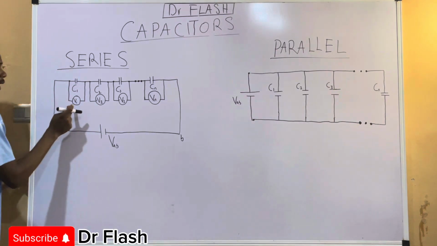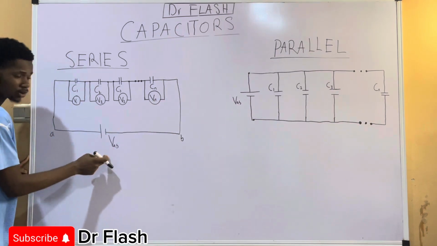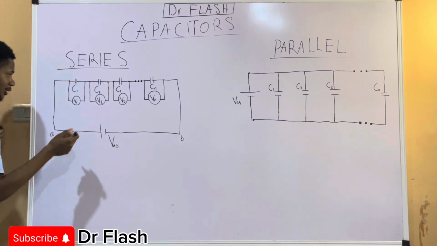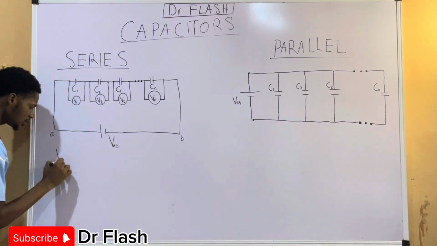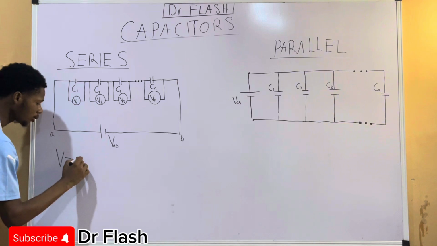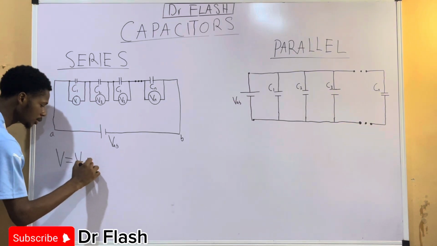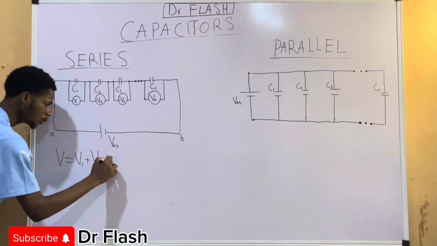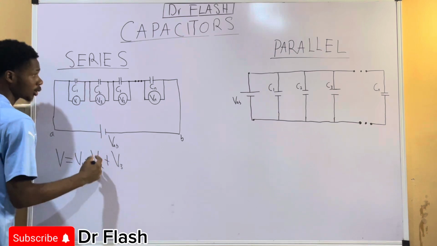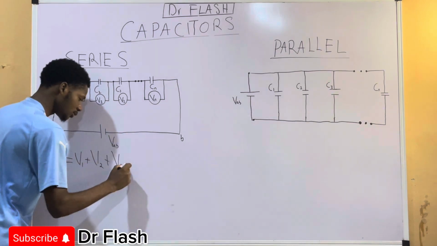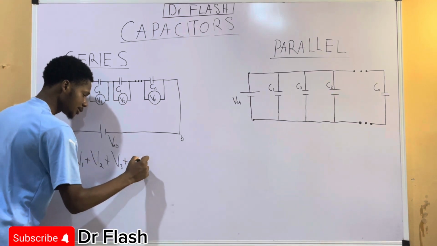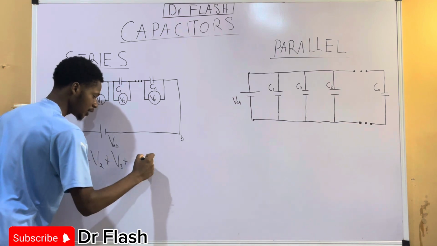It means if we add V1, V2, V3 down to Vn, we're going to get V. It simply means that the total voltage V will equal V1 plus V2 plus V3, plus as many capacitors as we're having, plus dot dot dot plus, let's say, Vn.